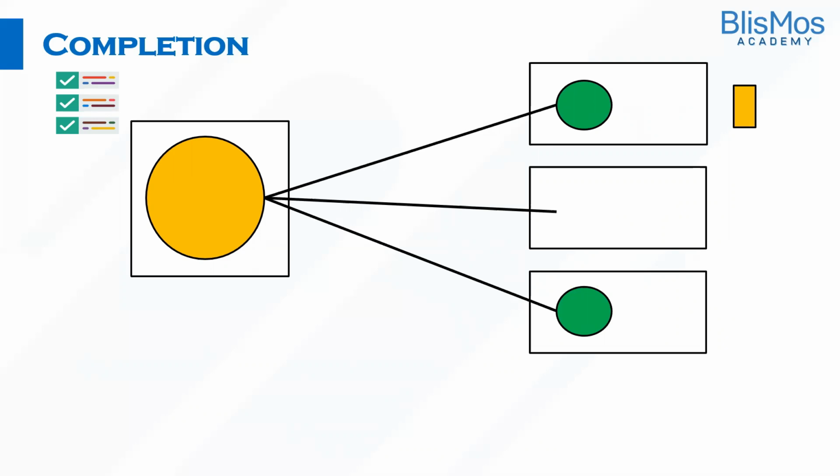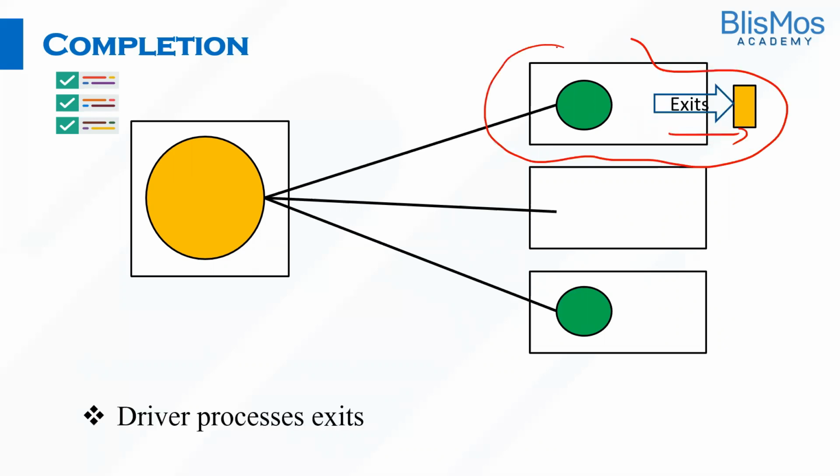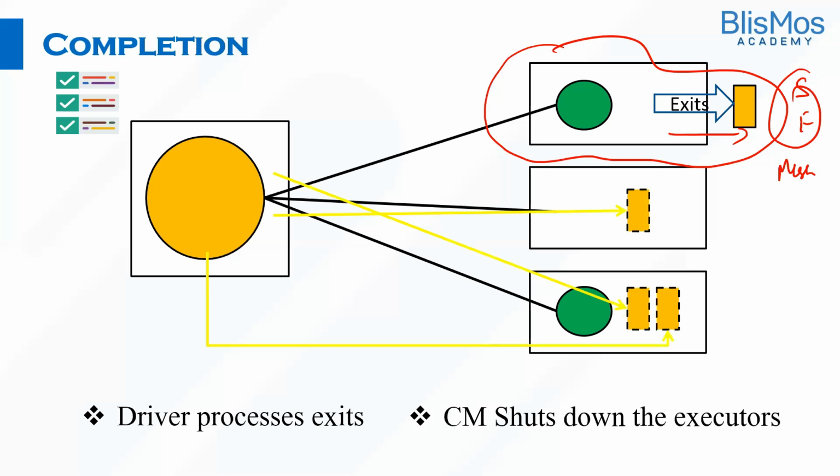Then what should happen? After the completion of the task, the driver process exits with either a success or failure message. Then the cluster manager shuts down all the executors because that memory and those resources need to be freed up for the next upcoming task, right?